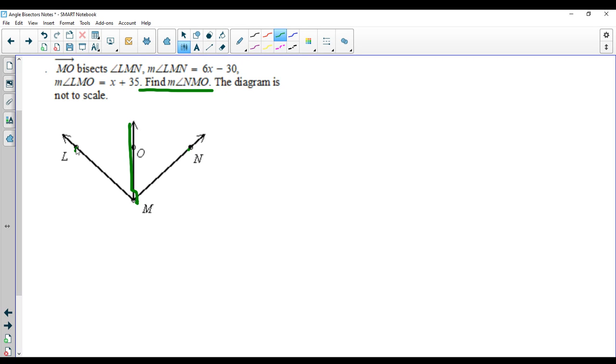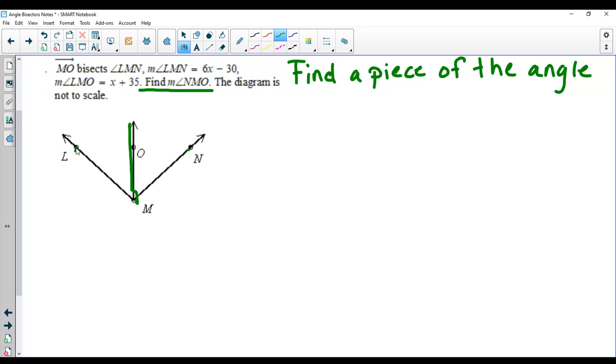So this example is how you're going to find a piece of the big overall angle, right? And to solve this, we're going to use our angle addition postulate that we learned last week, okay?